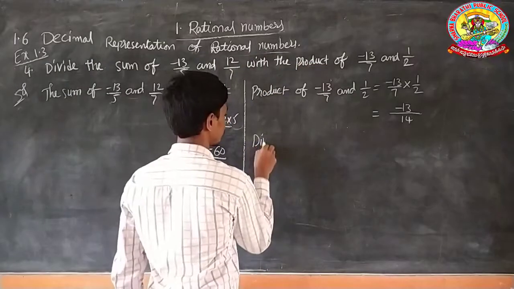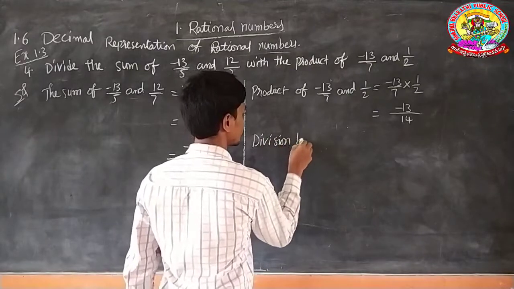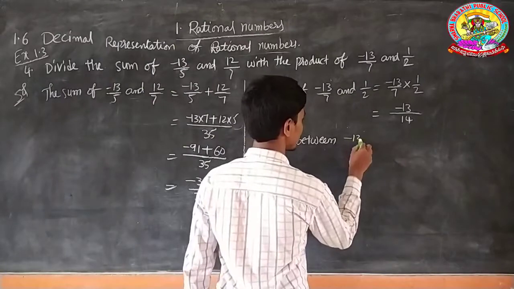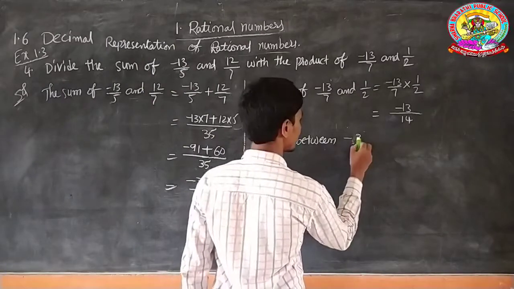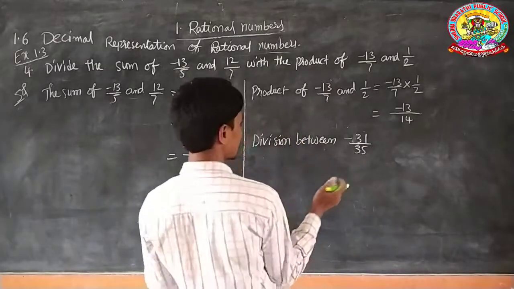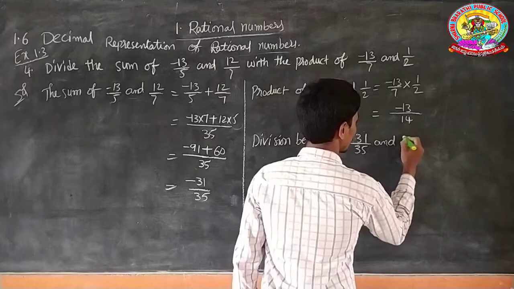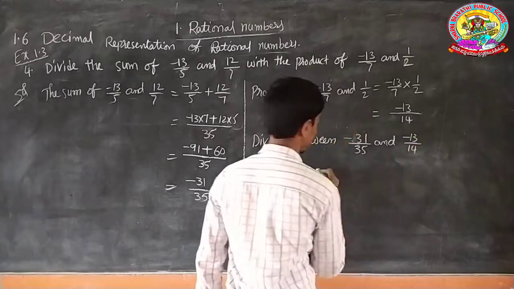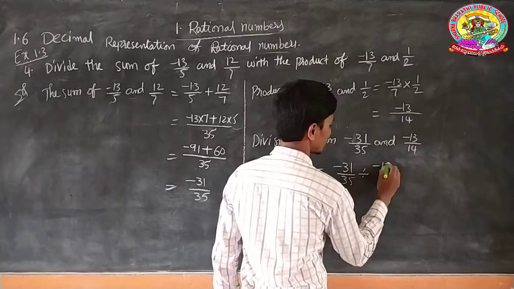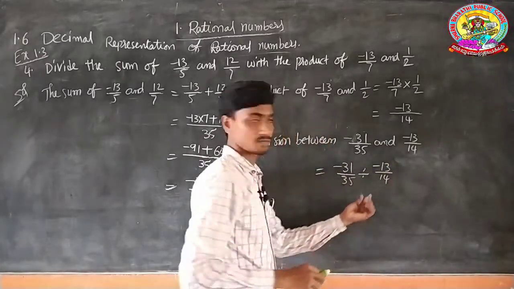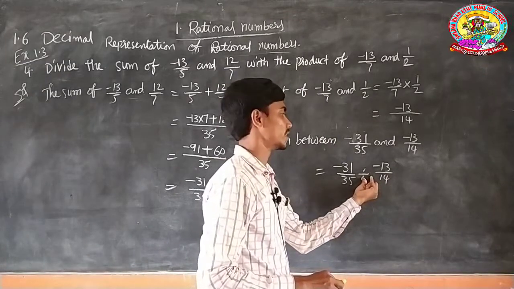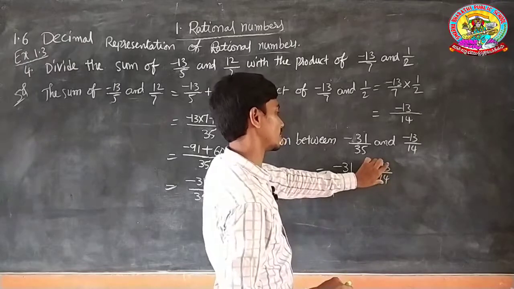So the division between minus 31 by 35 and minus 13 by 14 is equal to minus 31 by 35 divided by minus 13 by 14. For this, if you want to convert the division into multiplication, you can easily convert it by reversing the fraction.